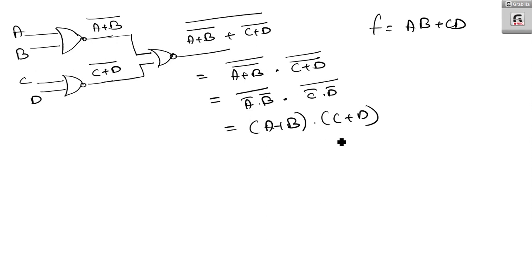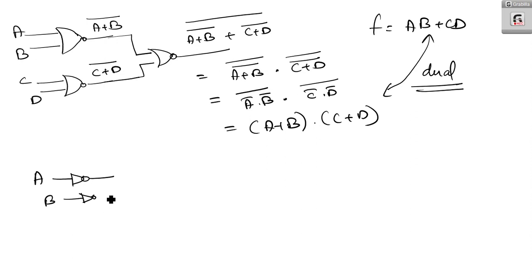Here actually you are getting the dual. If you are considering these two, these two are getting the dual. If you are getting a dual expression while converting, then the easy way is from the input itself you note it. That means if I am having A, I am having a NOT gate. B, I am having a NOT gate.